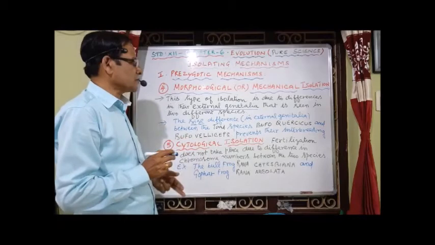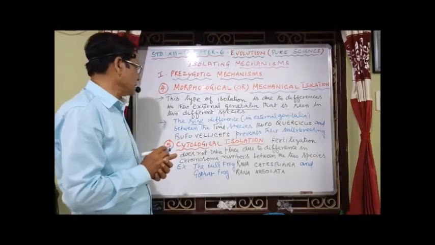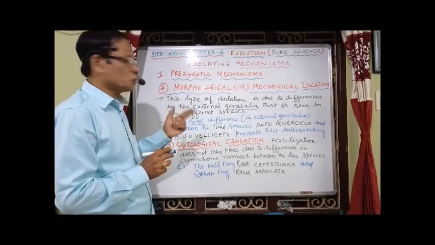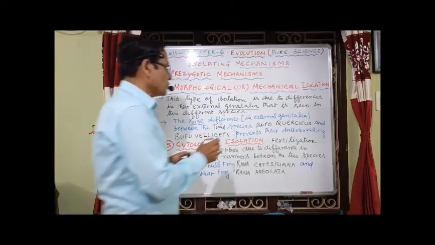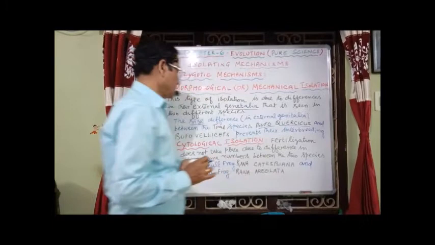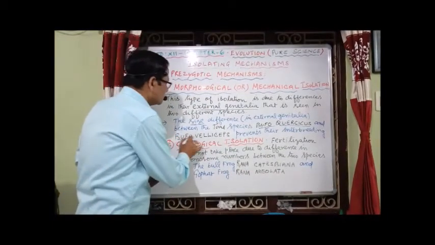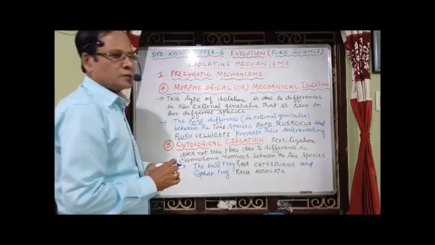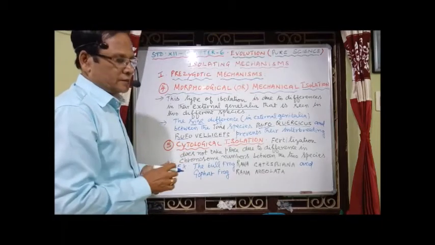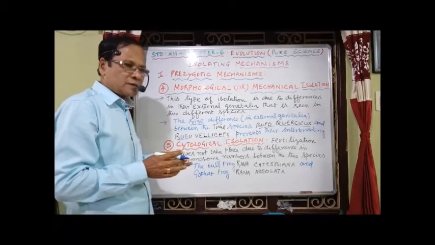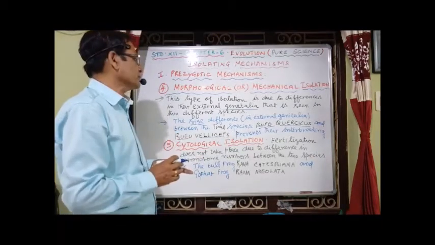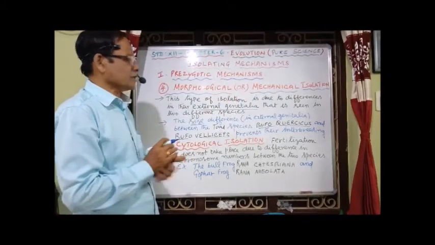So, the size differences in external genitalia between two toad species, one Bufo corsicus, this is a toad, and another species Bufo veliceps. So they are different in their size. The differences in external genitalia prevent interbreeding. That's why it's called mechanical isolation.